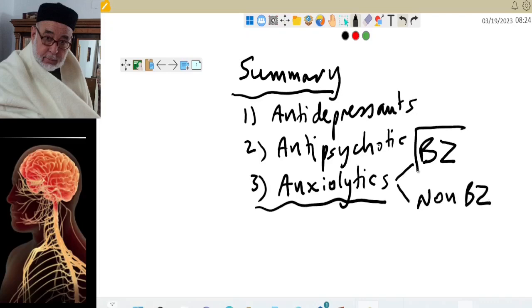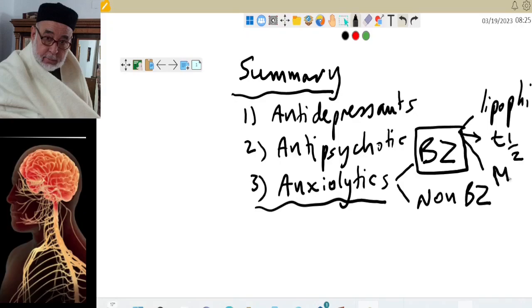We talked about the pharmacokinetics of benzodiazepines in detail, how they differ in their lipophilicity, how they differ in their T-half, and how they differ in their metabolism. Some of them, we said, are metabolized to active metabolites. So this is all about today's presentation.